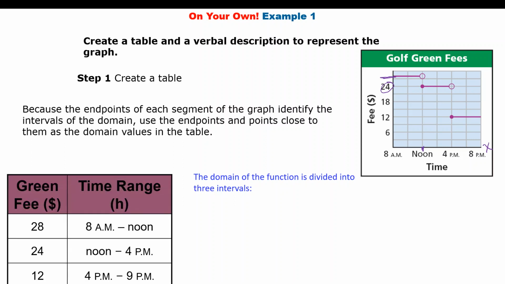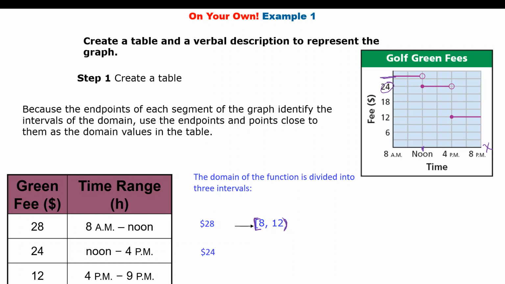Notice that $28 for 8 to noon. So our domain on here is going to be written like this, from 8 to noon. So 8 to 12. Notice 8 o'clock is included, 12 o'clock is not. If you come right at 12, you're going to pay the next lower rate.